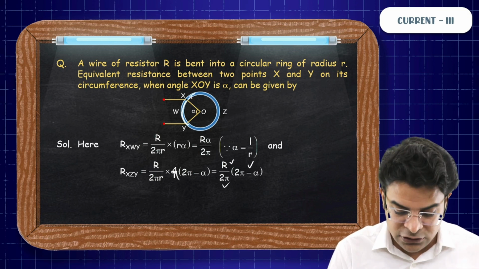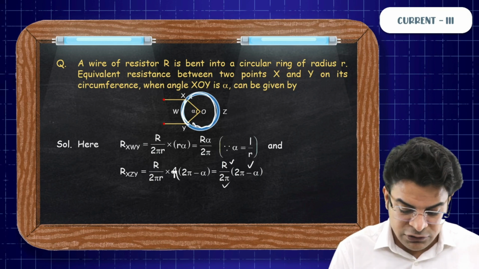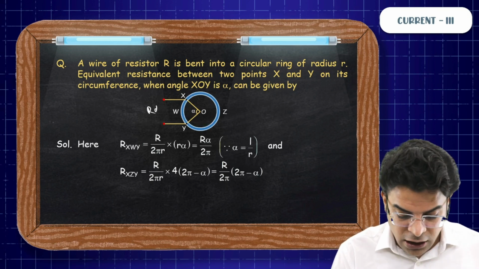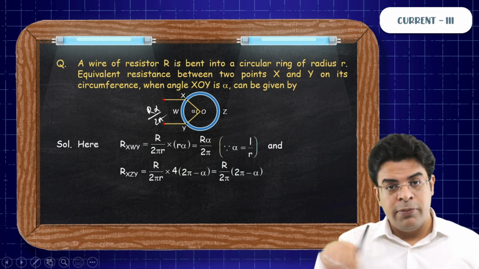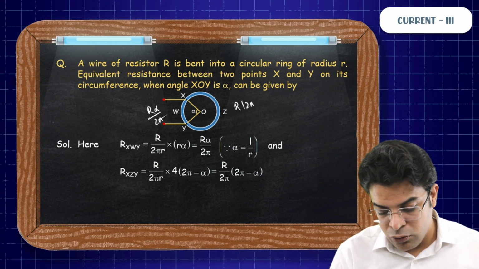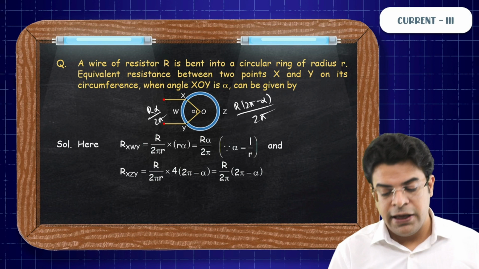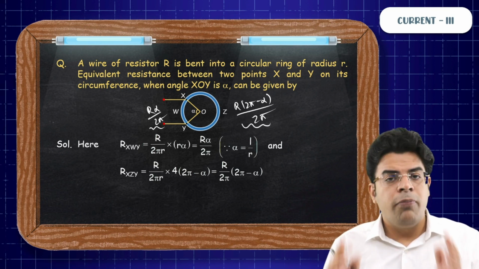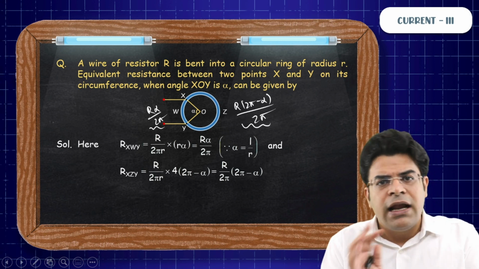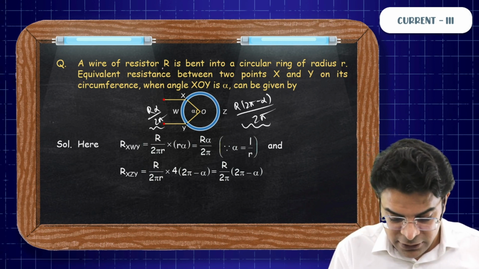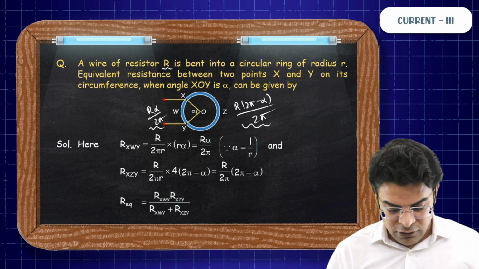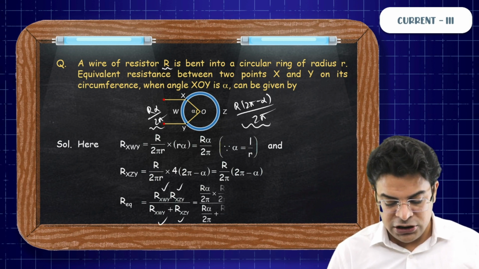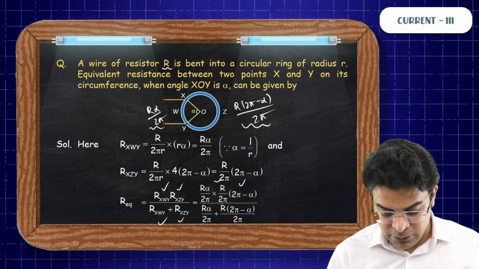Once you know the resistance of both the parts, the resistance of this part is R alpha by 2 pi, the resistance of the remaining part is R into 2 pi minus alpha by 2 pi, game over. Now you have to just do R1 into R2 upon R1 plus R2. And you know that R1 plus R2 is nothing but R. So you will say R equivalent equals their multiplication upon their sum.